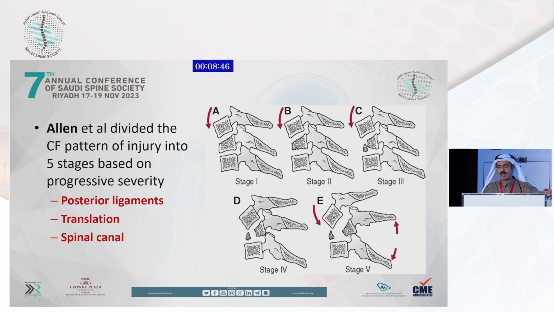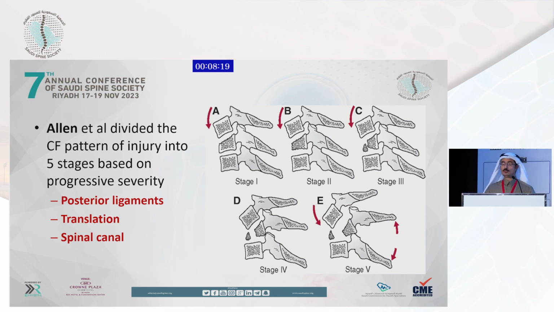Stage 3, we consider the beginning of the more serious, unstable fracture, the classical teardrop, where there will be some translation and involvement of the posterior elements. Stage 4 is defined by posterior displacement into the spinal canal, however less than 3.5 millimeters.